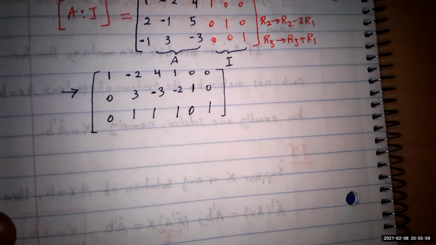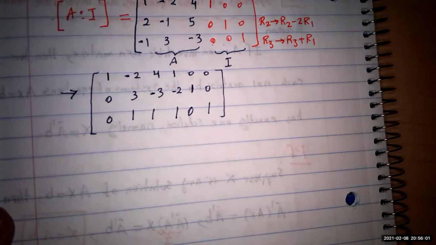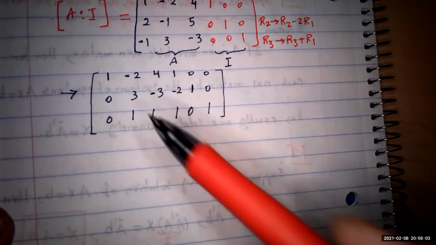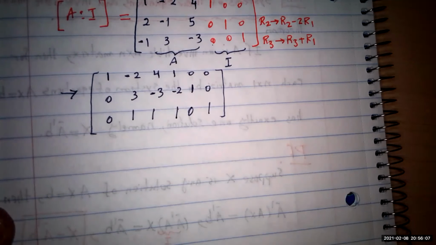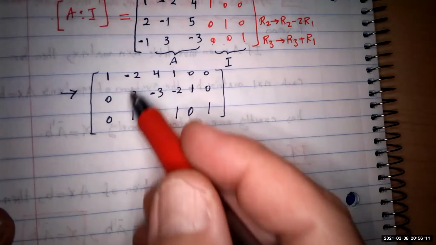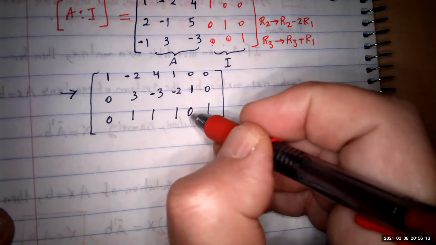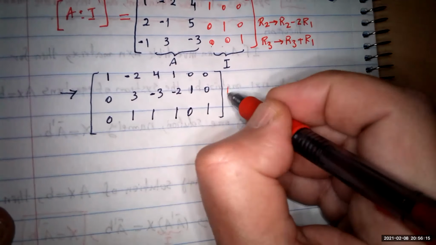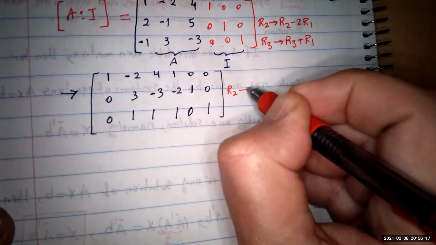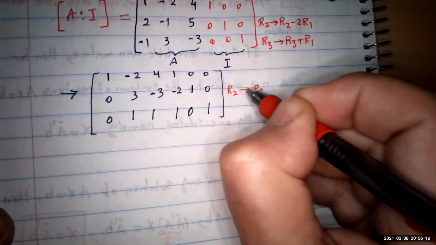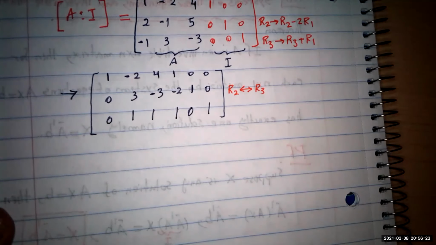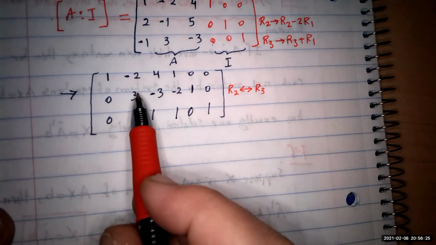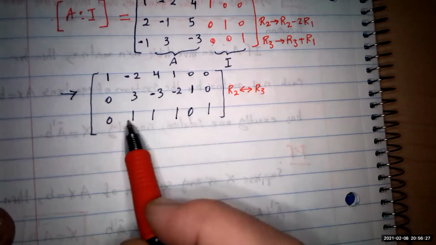So we are done with the first column. Now we are going to work on the second one. So you can switch these two. Let's switch the R2 and R3, to get the one over here, and then at the same time we can make this one into the 0.